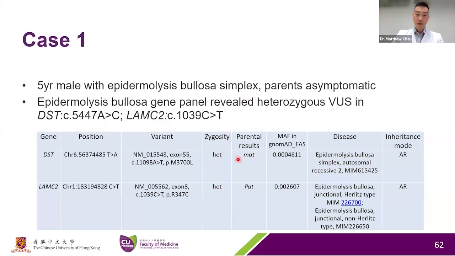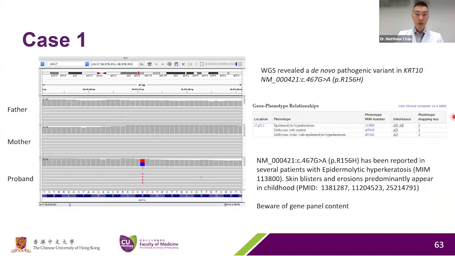So we cannot conclude the diagnostic finding for this individual. When whole genome sequencing was sent, it identified a de novo pathogenic variant in KRT10. And this variant has been reported in several patients with epidermolytic hyperkeratosis. And this is quite consistent with the clinical features. And this was considered a diagnostic finding.